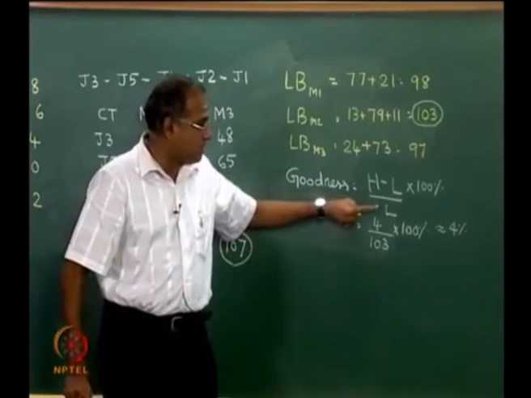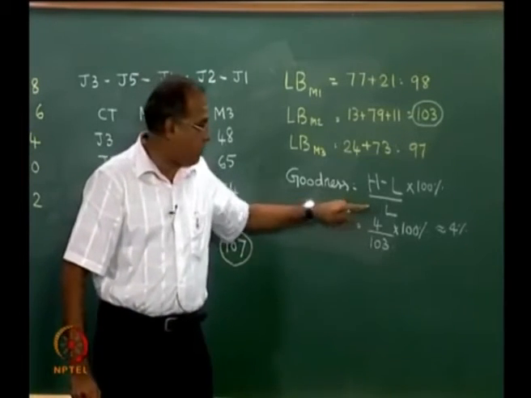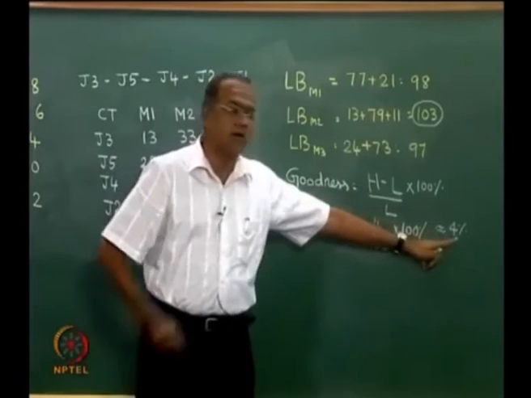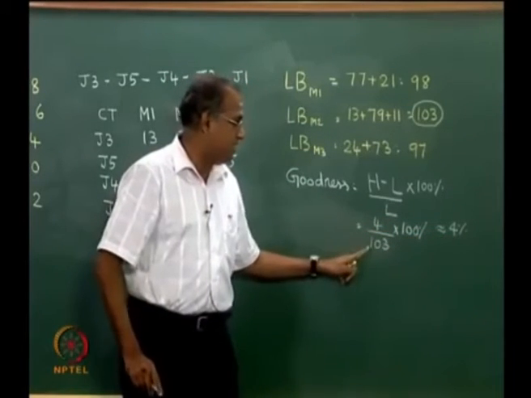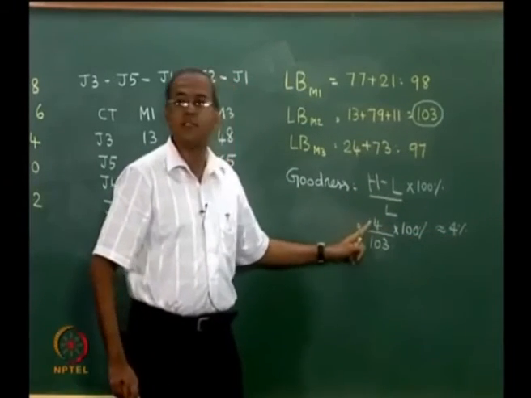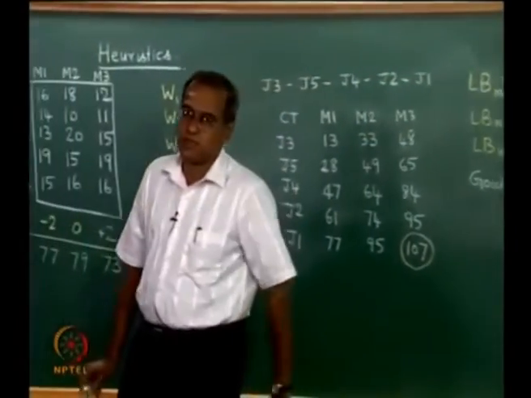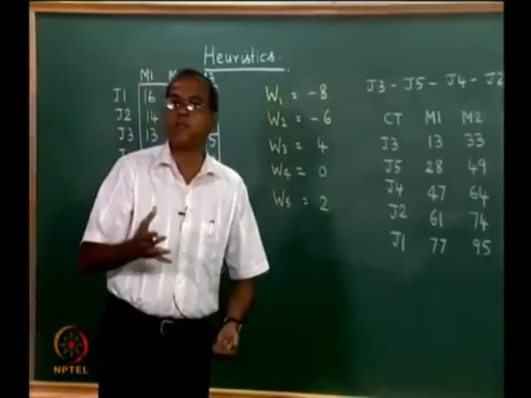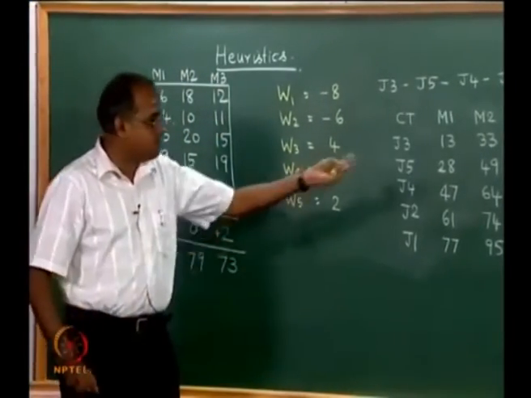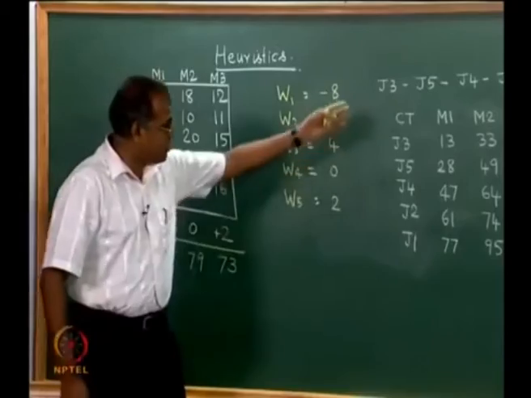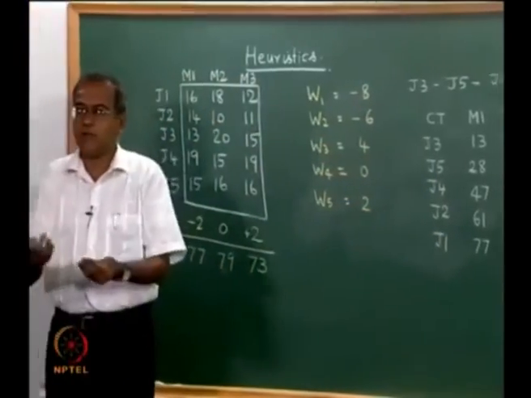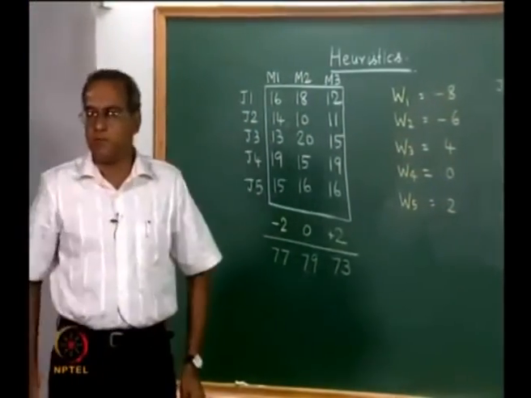So, the optimum is 103 or more, therefore the actual goodness will be 4 or less, because O can increase and H minus L can actually decrease. So, in the worst case it can only be 3 plus something. If we are willing to accept a solution which is within 4%, then we can comfortably take this and we need not worry about trying to get to the optimum.